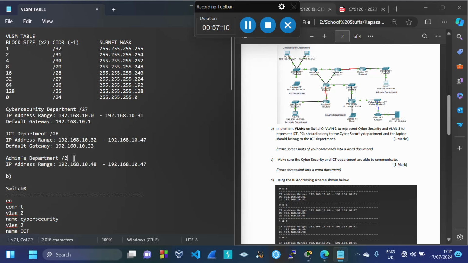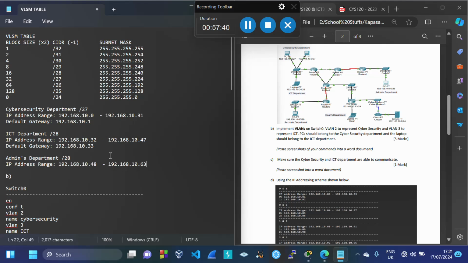So it's a /28. Now if we are starting at 48, and we check a /28, the block size is 16. So 16 plus 48, what's the answer? If I put it at 50, plus the remaining 14, we have 64. If I say minus 1, we're supposed to have 63.